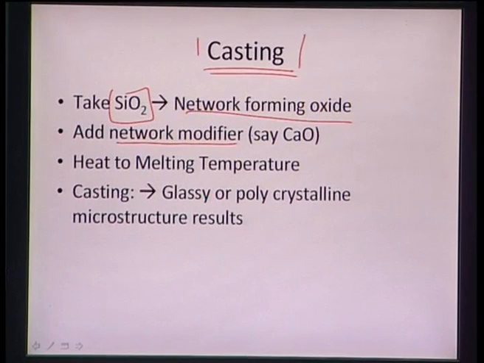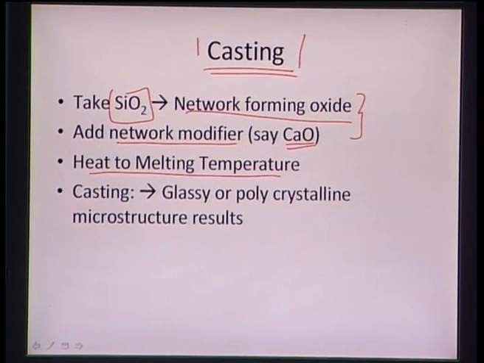And what we can do is add something called a network modifier, which can basically associate itself to the network and get attached to it. So that can be calcium oxide. So we get a kind of mixture between the silicon oxide and the calcium oxide, and in this process we heat them to the melting temperature.